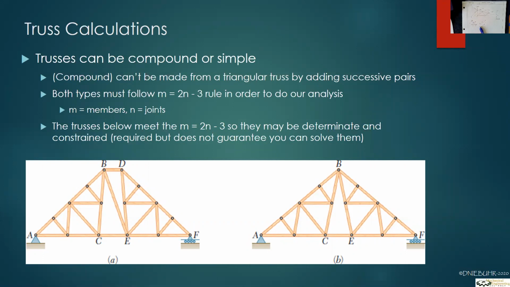Now, whether it's a compound or simple truss, in order to do the analysis, they've come up with a rule that says m equals 2n minus 3. What m represents is the number of members, and n is the number of joints. So if you count up all the members, and then you count up all the joints, and it works out to be equal in this relationship, that means that you can do the analysis.